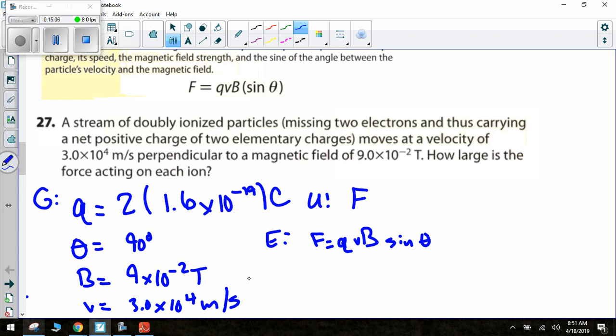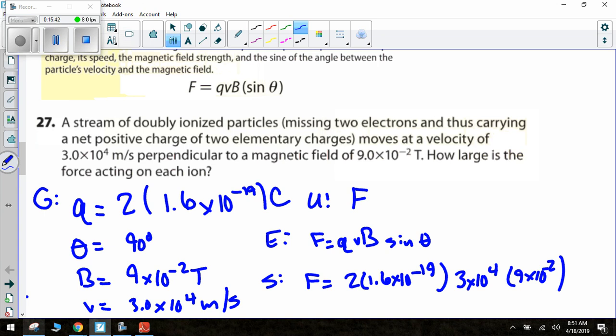All right, so we're looking for force. This one will be easy. We'll just end up multiplying, right? So F is equal to, Q was 2 times 1.6 times 10 to the negative 19th, times V was 3 times 10 to the 4th, times B, which is 9 times 10 to the negative 2, sine 90.